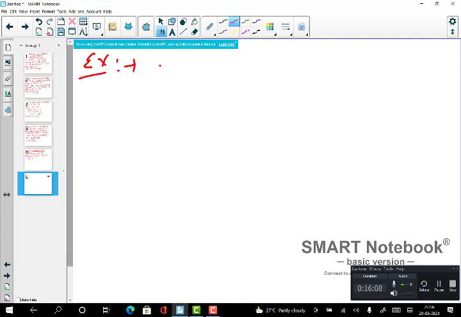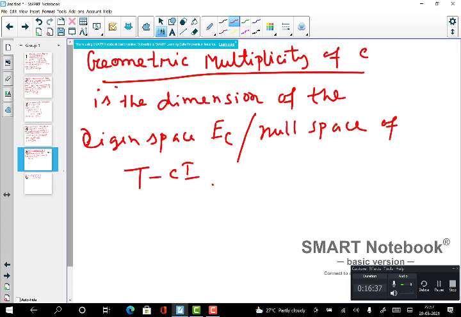Maybe let's give some example. Maybe my T is of this form, say 1 1 0, 0 2 0, 0 0 3, something like that. I chose it randomly. Now I would like to know the algebraic multiplicity and geometric multiplicity. You can do it this way, but you can say it another way also.